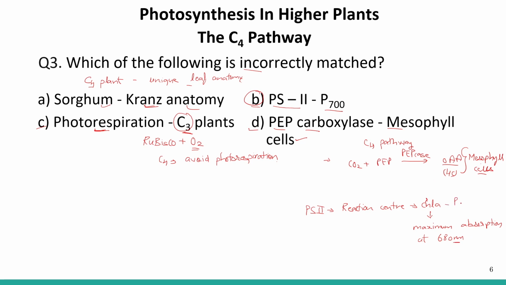That's why we say the reaction center of photosystem 2 is P680.